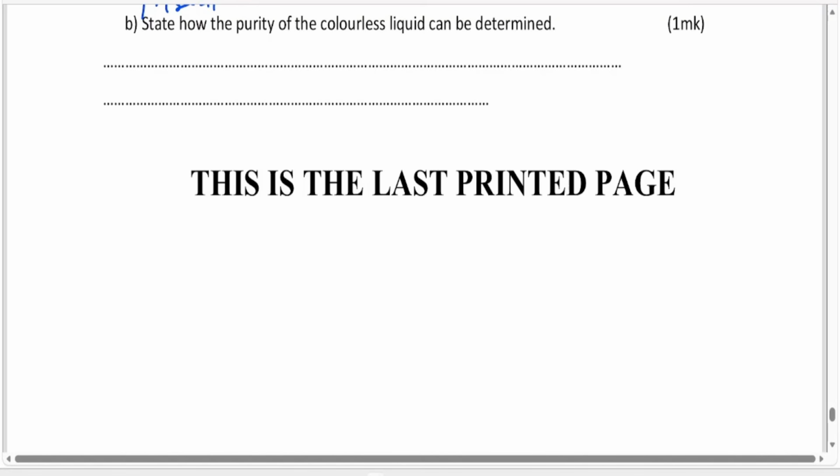You can say, freeze the liquid and determine its freezing point.